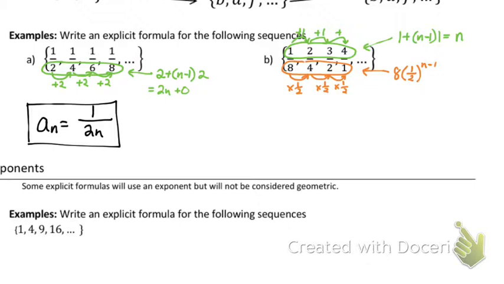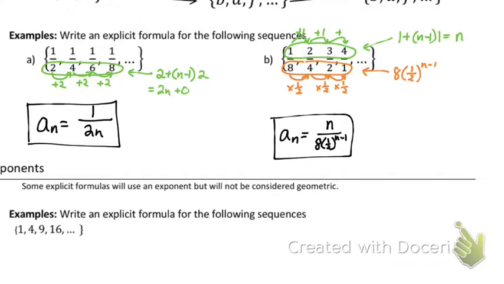So my numerator is just n. My denominator is 8 times 1/2 to the n minus 1. So my entire equation must include my numerator and denominator. Numerator is going to be n. Denominator is going to be 8 times 1/2 to the n minus 1. Bam, I got it. Not arithmetic, not geometric, but if I pull it apart, it becomes arithmetic and geometric at the same time.